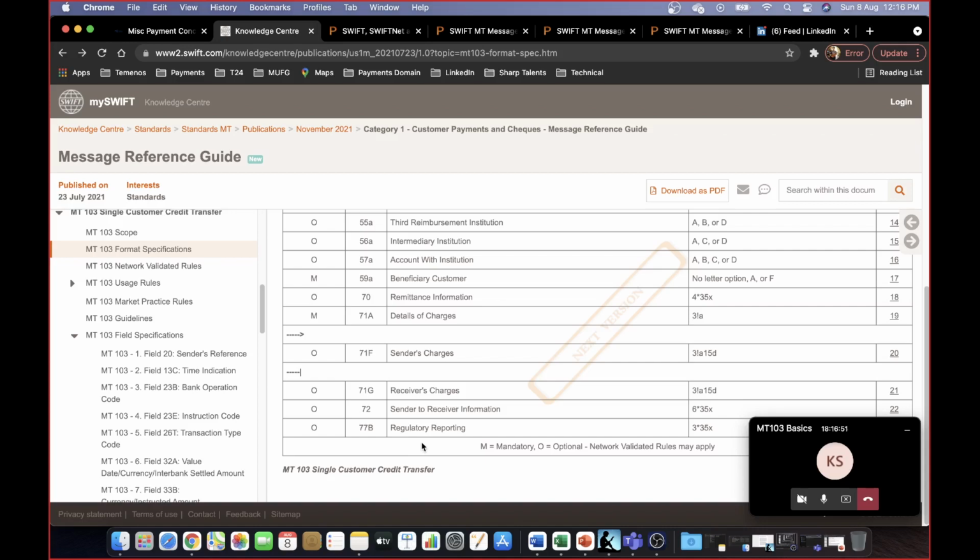If something else is there apart from those three words, SHA, BEN, OUR, it will be rejected. Correct, you're right. Those are the usage rules. Maybe you can just ping me post this call, and we can get into the details of your query.